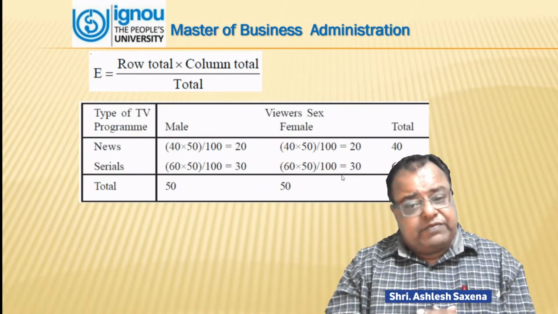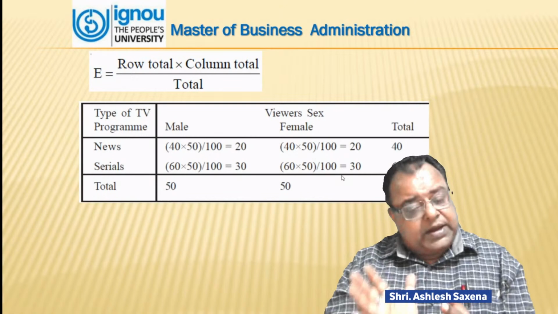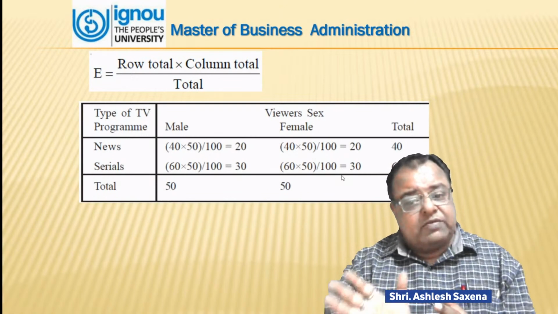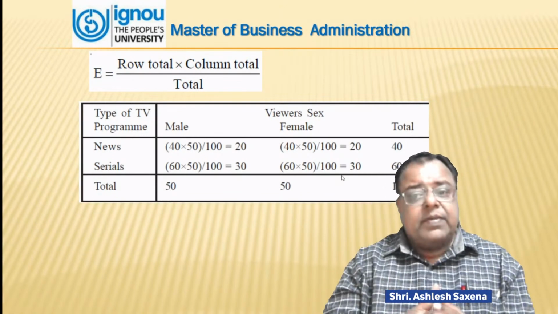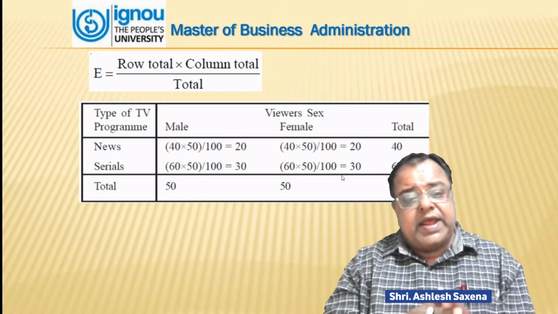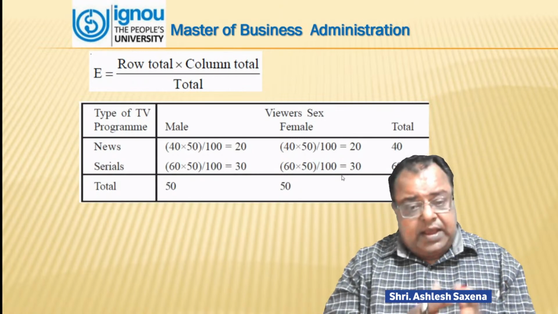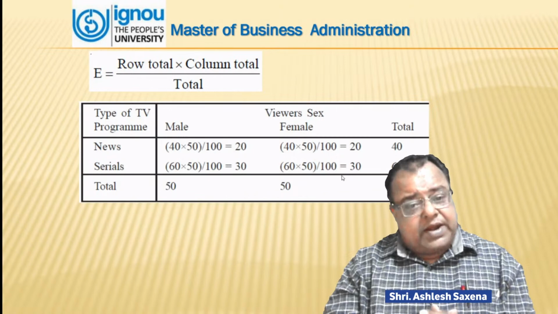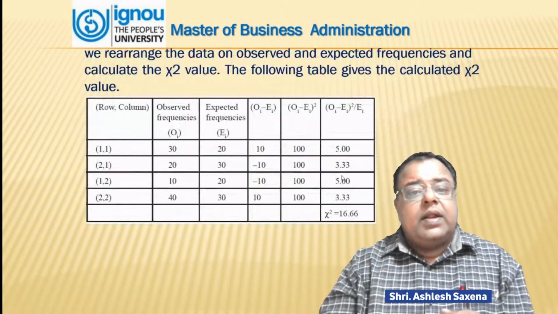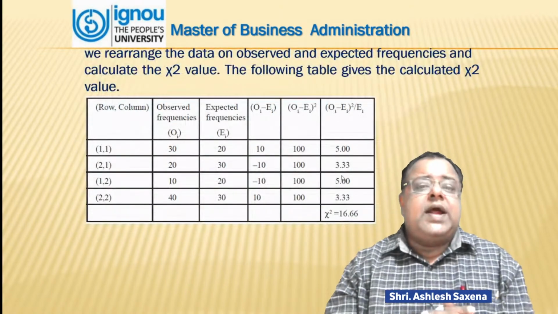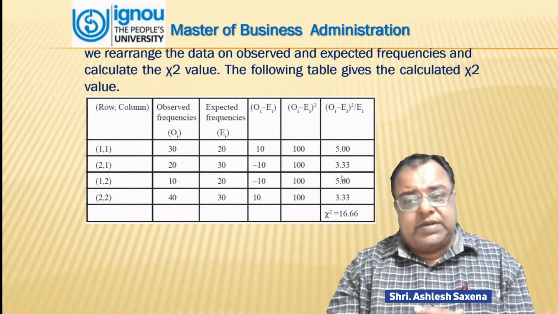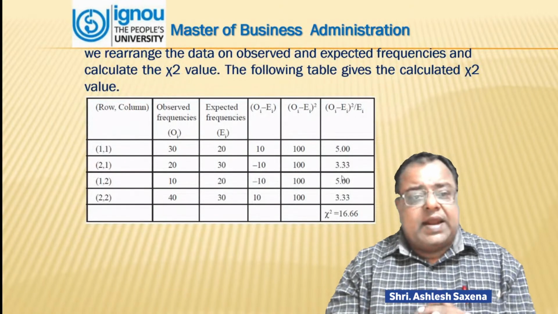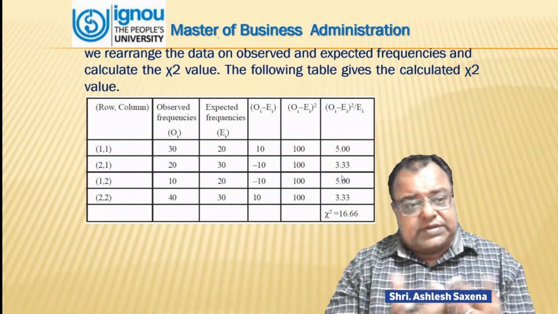And 60 into 50 divided by 100 is again 30, which is a total of 60. When we total up column wise, it is 100, and when we total up across the row, we are getting 100.